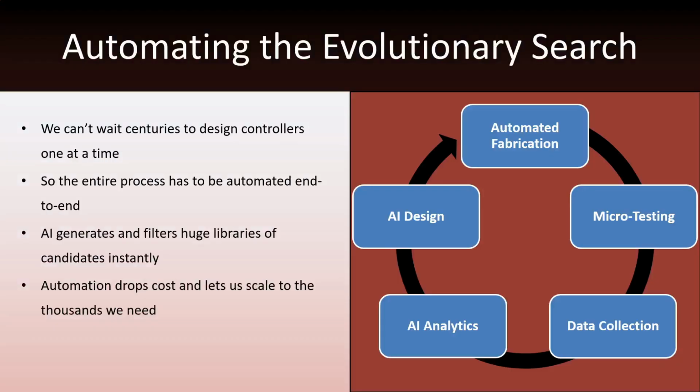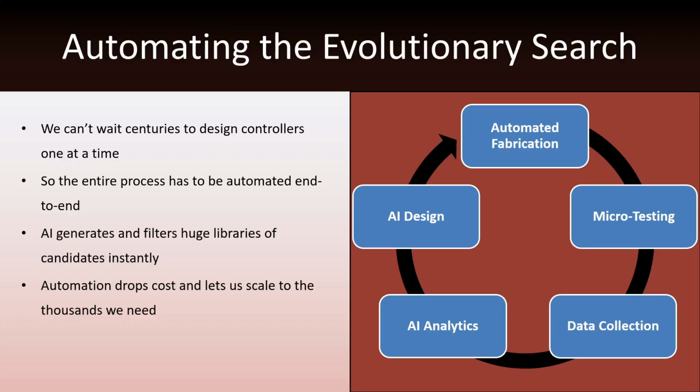Automating the evolutionary search. By this point, we've safely microtested thousands of promising controller combinations. But how did we do that without taking decades or bankrupting the entire system? Most of the work has to be done in silico.